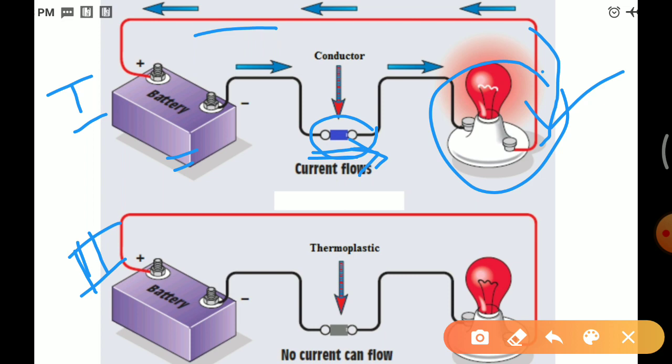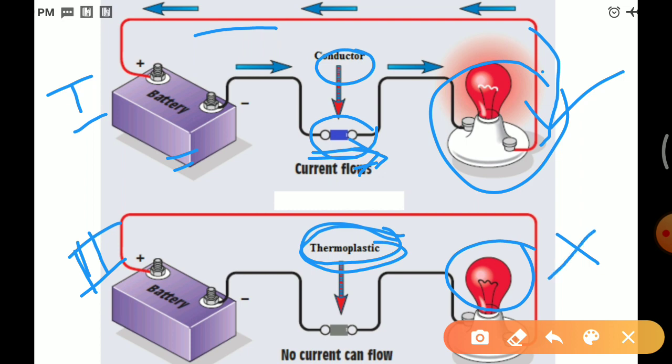But if instead of the conductor we take any thermoplastic, then the circuit will not be completed, because thermoplastic is a poor conductor of electricity, and the flow of electricity will not be there and the bulb will not glow. So that is the activity by which we can prove that thermoplastic is a poor conductor of electricity.